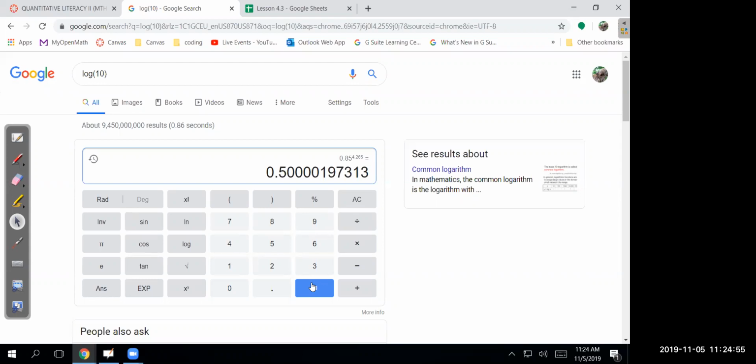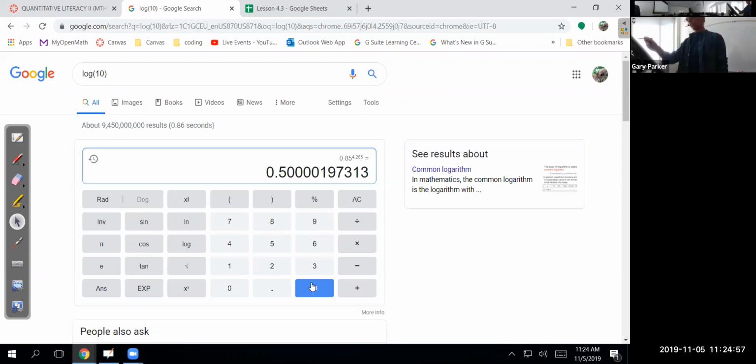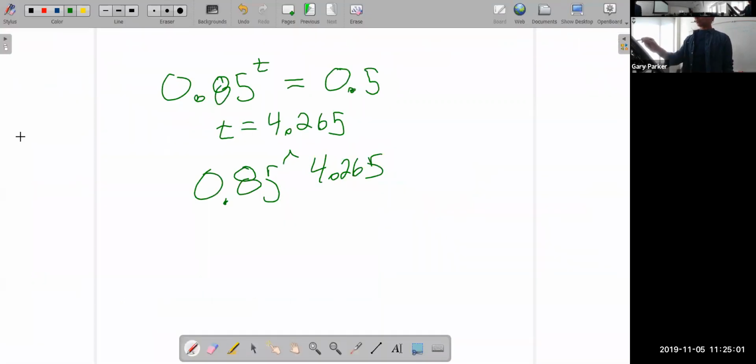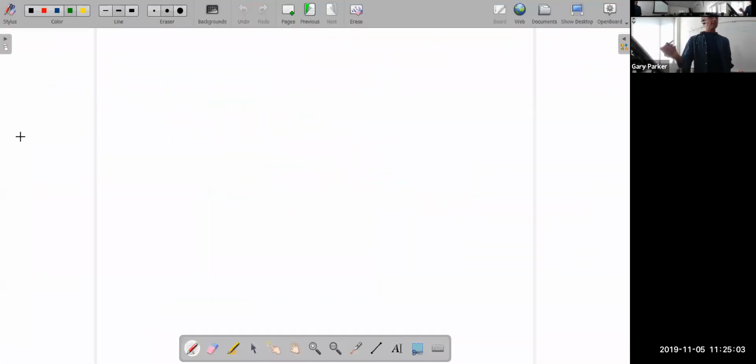Okay, so let's do one more example, and then I'm going to set you guys free on your tasks today. Suppose it's a slightly more complicated question, and I'm going to go for a medium complication, like 3 times 2 to the power x is equal to 7.